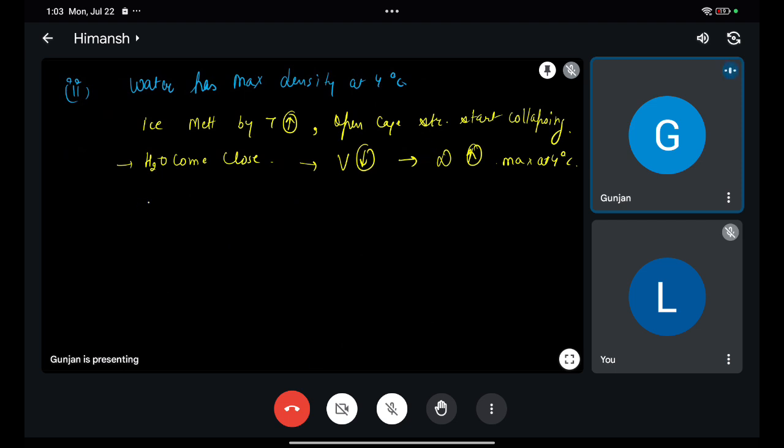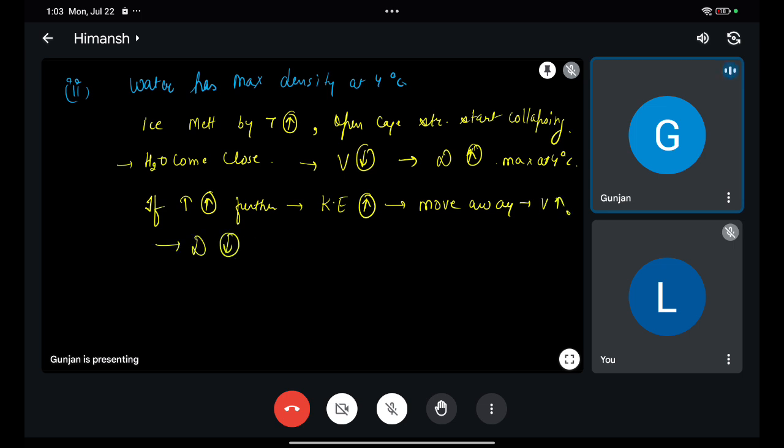But now, if temperature increases further, what will happen? Kinetic energy will increase, so molecules move away. Volume will increase, and if volume increases, density will decrease.